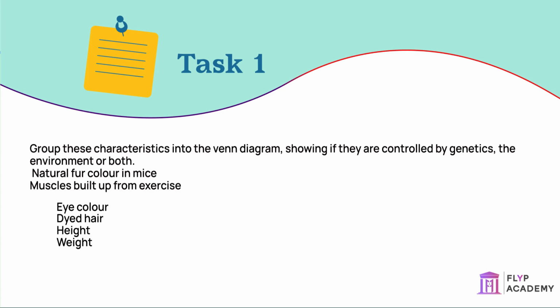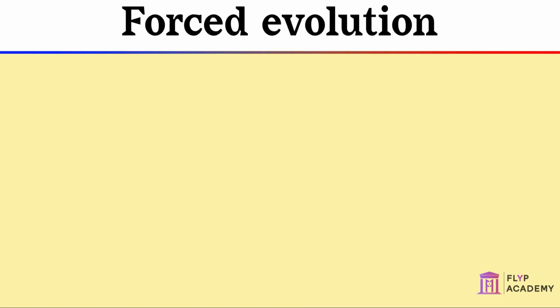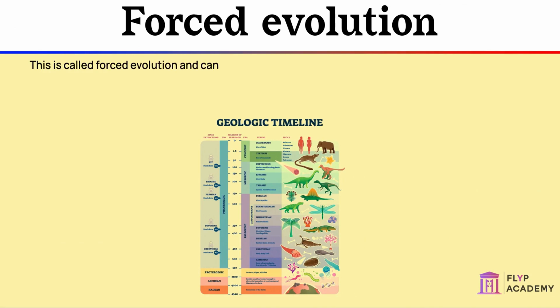If individuals with this mutation are better suited to their environment or have a survival advantage, then this can lead to a rapid change in the species, with the new phenotype being passed on to the next generations of organisms. This is called forced evolution, and can also occur if there is a sudden change in the environment.